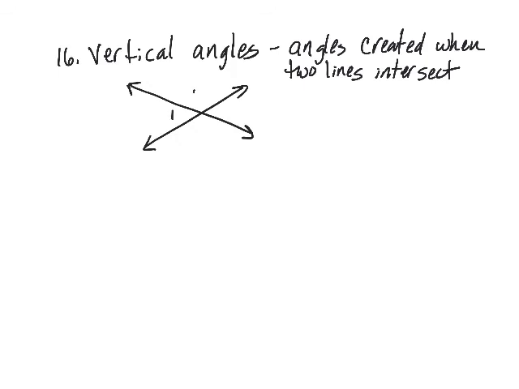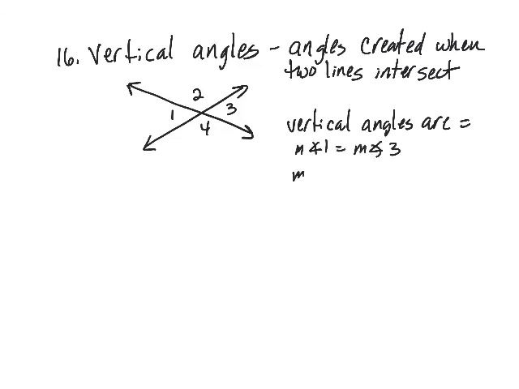So if I number these angles here, for vertical angles, angle 1 and 3 are going to be equal to each other, and angle 2 and 4 are equal to each other. So vertical angles are equal. That means the measure of angle 1 is equal to the measure of angle 3. The measure of angle 2 is equal to the measure of angle 4.